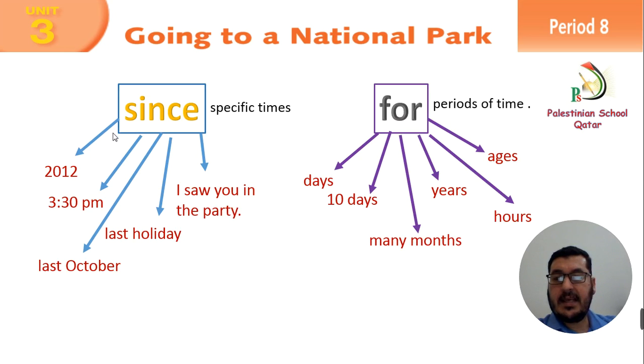For example, I can say since 2012, since 3:30 p.m., since last October, since last holiday, since I was born, since I saw you at the party. While if I use for, I use it for a period of time. For example, I can say for 4 days, or for 10 days.